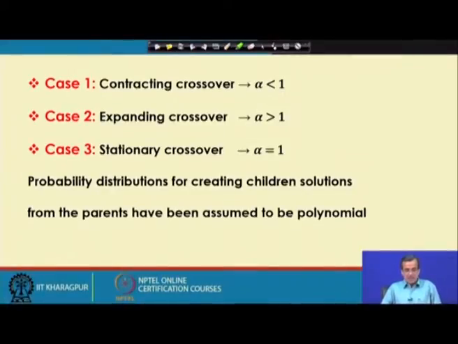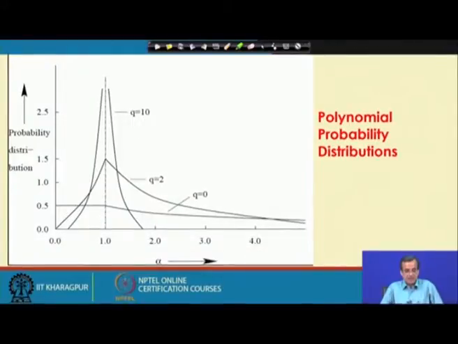As I told you, we are going to take the help of a probability distribution function for creating the children solutions from the parents, and we assume that this probability distribution function is a polynomial.